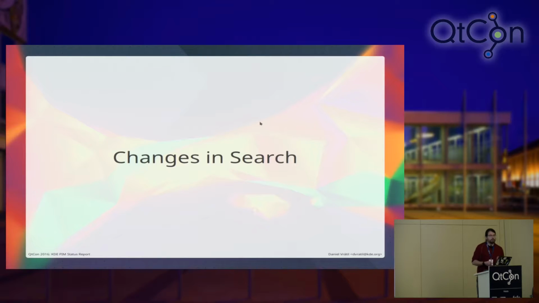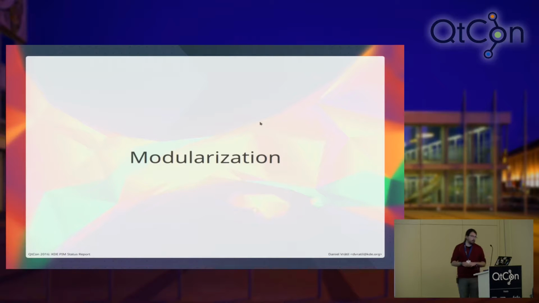So we want to improve it, make it more robust, make it faster. And we would like to improve the UI, which I think is what Laurent wanted to do, because now there is the search dialog, which is sort of complicated. You can build complex queries, but it's also complicated to use, so we would like to simplify it.